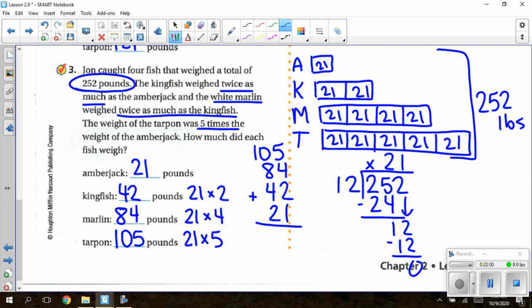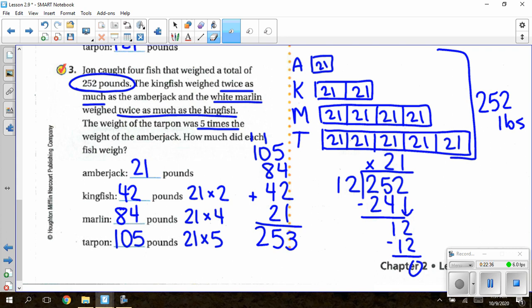Oh, I'm sorry, I made a mistake. 5 plus 4 is 9, plus 2 is 11, plus 1 is 12.